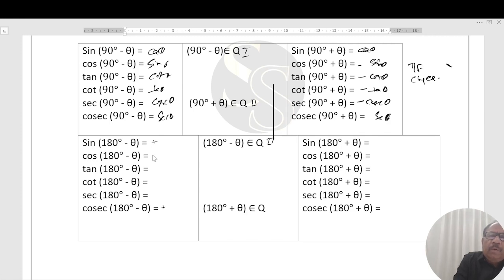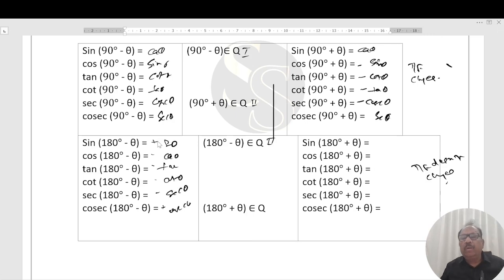All others are negative. And trigonometric function does not change. Sin theta, cos theta negative, tan theta negative, cot theta negative, sec theta negative, cosec theta. Only this and this positive.